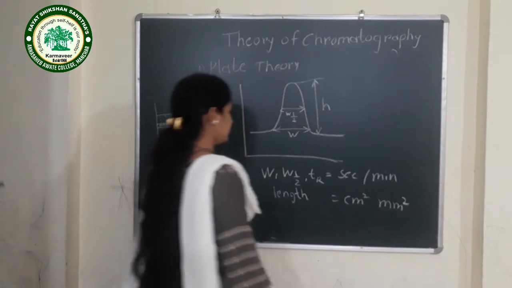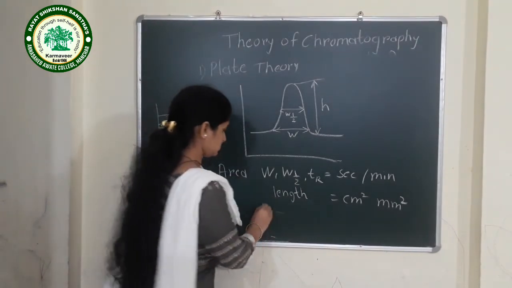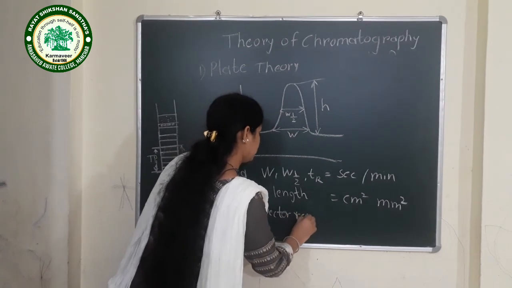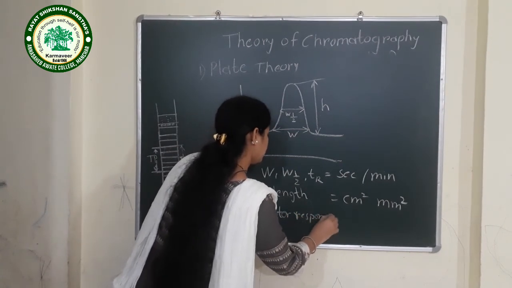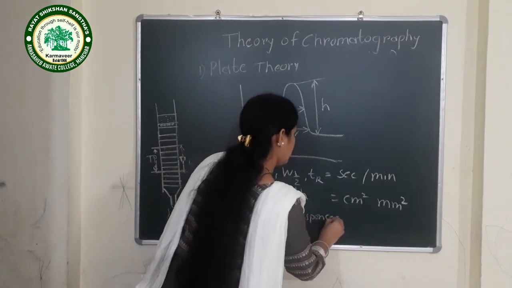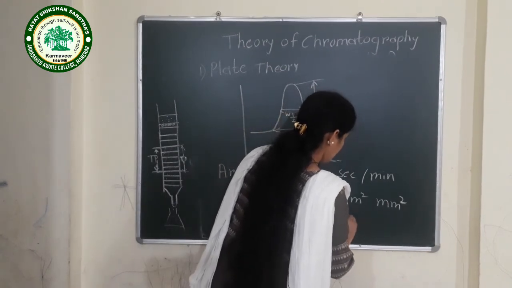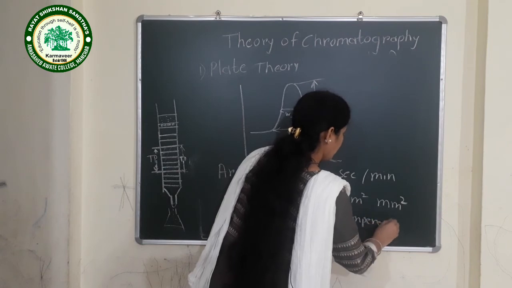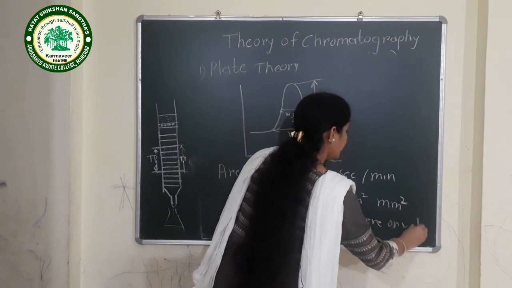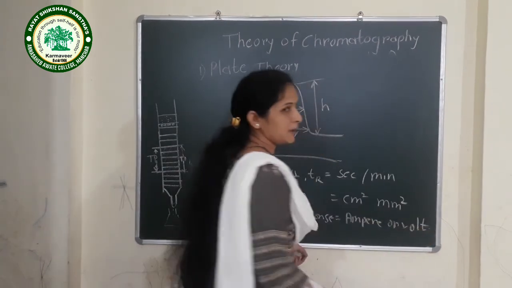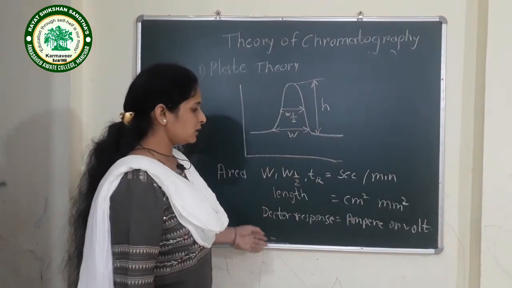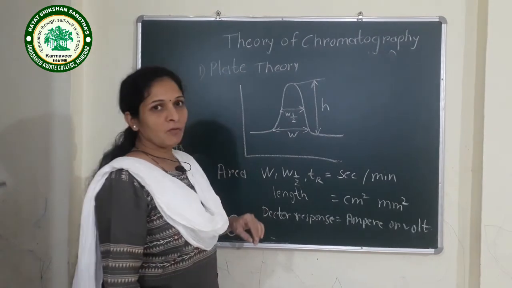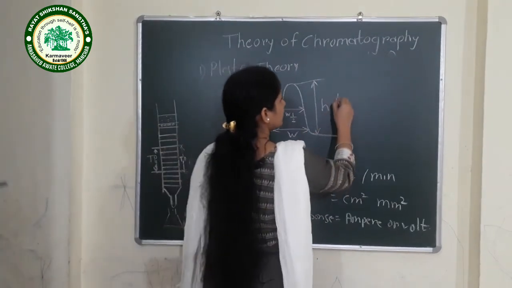Then the detector response is given in ampere or volt. It may be in the form of voltage or current. Therefore, the unit will be ampere or volt.